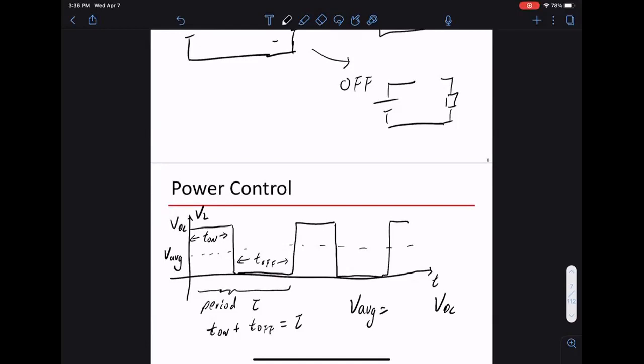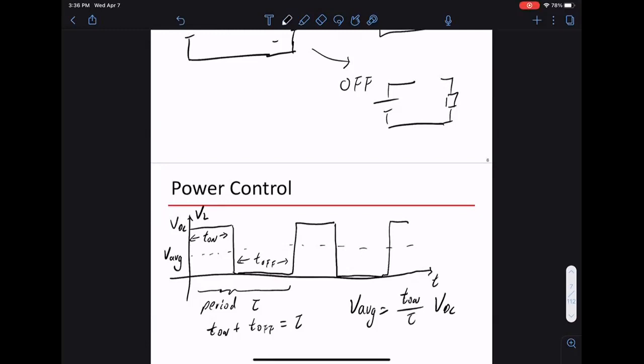Okay, so we're on for time T on, and off for time T off. Then what is my average voltage in this case? Yes, this is correct. This is just T on over tau, the fraction of the time I'm on.